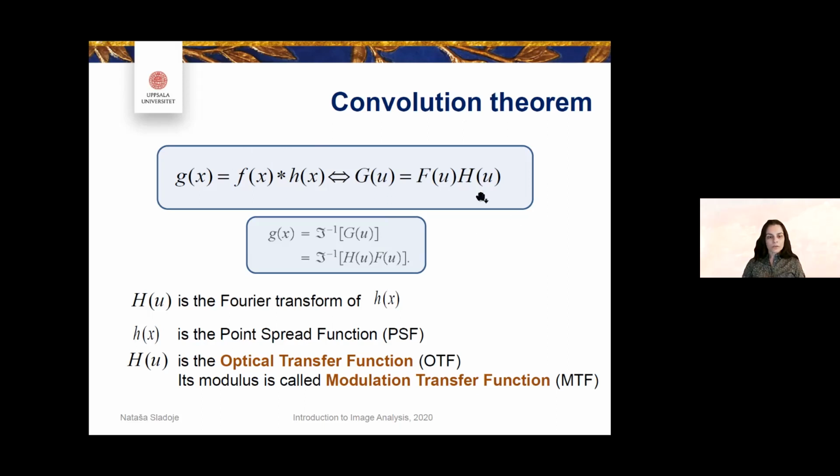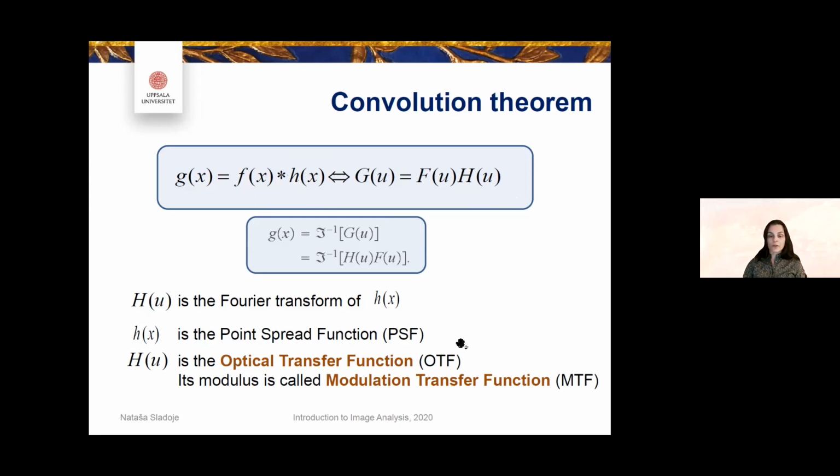Just one comment on the terminology here. We know now that this function h is called the point spread function. That is, let's say, an image of a single impulse, a single bright point, by our imaging system. Its Fourier transform, which appears here, is called the optical transfer function.